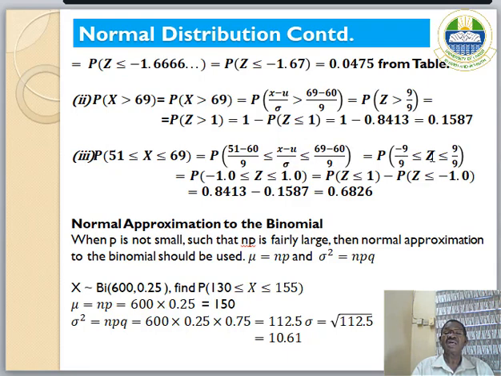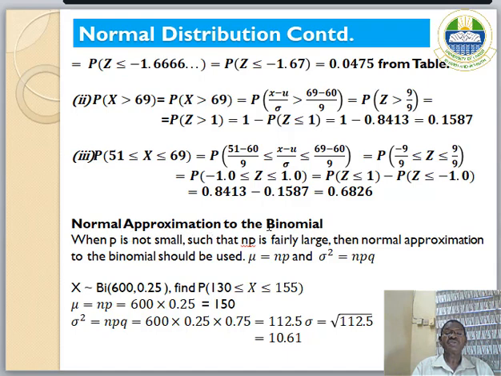This quantity is now Z, which is lying between minus 1 and plus 1. So, it is the probability that Z is less than 1, minus the probability that Z is less than minus 1. Then you get these values, which is the answer.